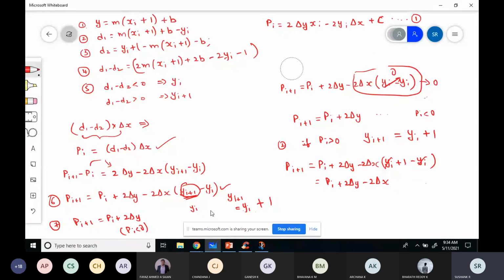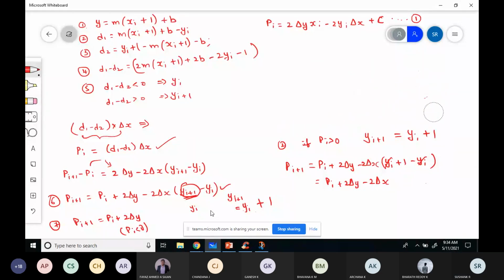This I will call equation 8. One second, I'll just rewrite that. What is the equation 8 I have given?